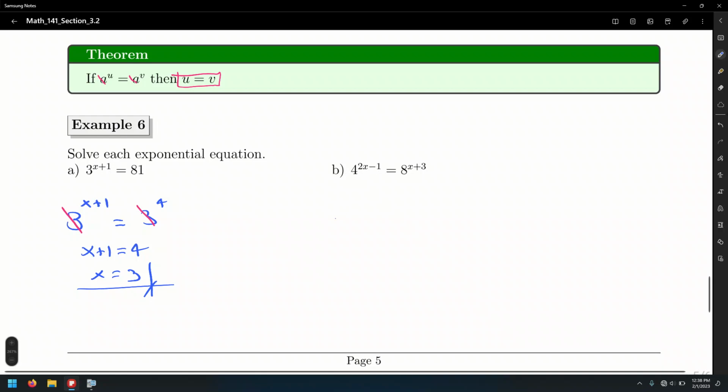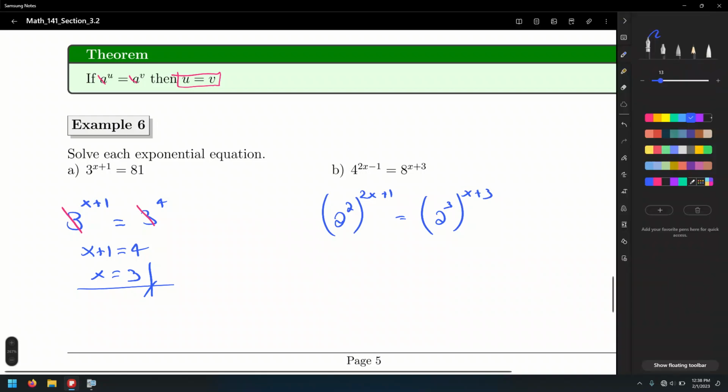So we can write 2 to the second power, keep the 2x plus 1, equals what power of 2 equals 8? So 2 to the third power, x plus 3. We're not done yet. In this case, we have the power of another power.